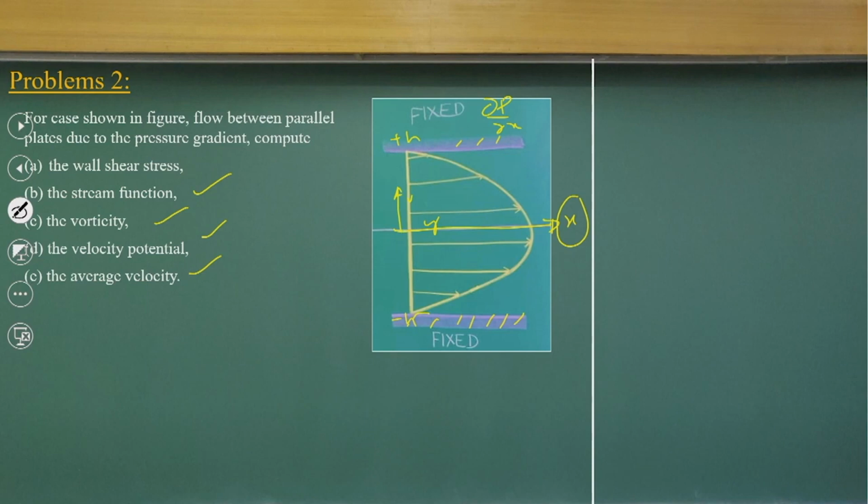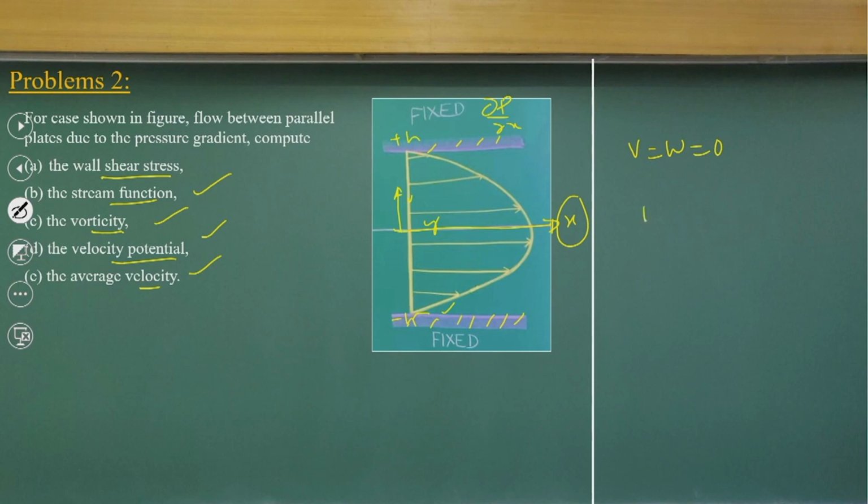We have already solved this part. Today, we are looking at what will be the wall shear stress at this point and also at this point, the stream function, vorticity, velocity potential and the average velocity, given the velocity field. In the last class we estimated this velocity field from the Navier-Stokes equations, assuming v and w are 0 and neglecting the gravity force components.